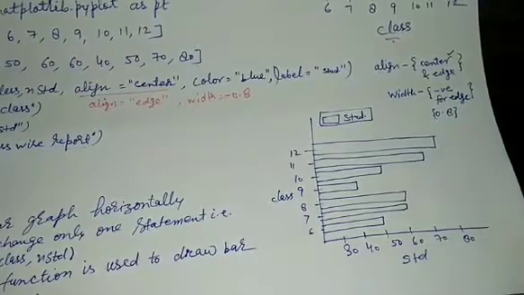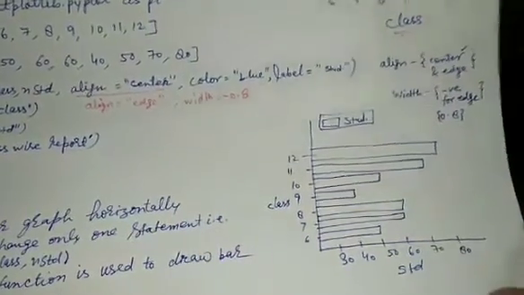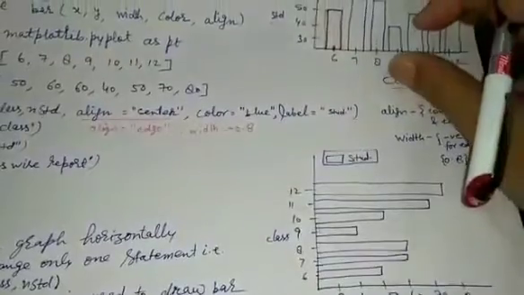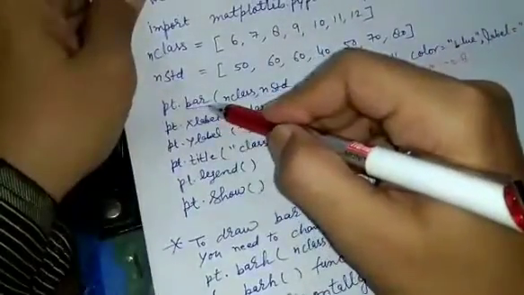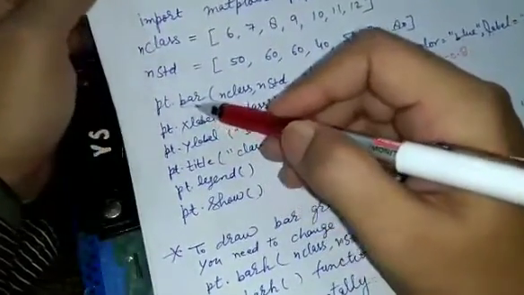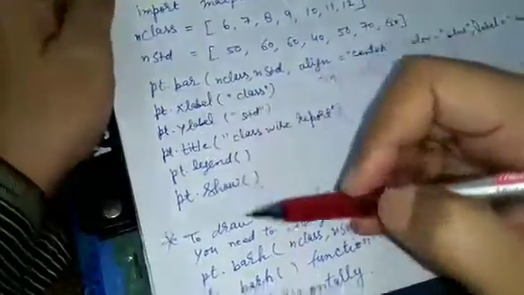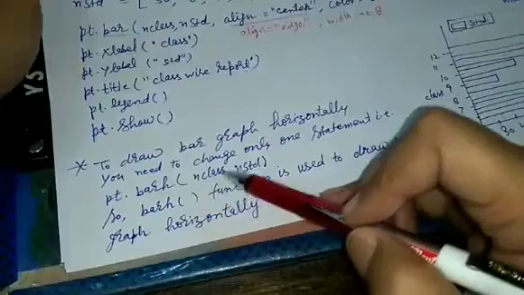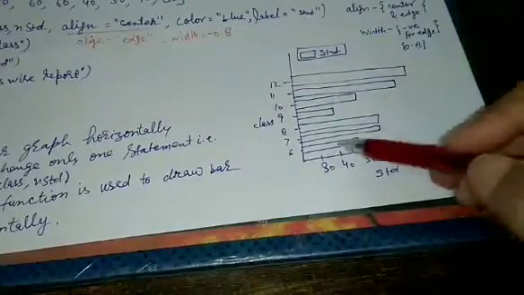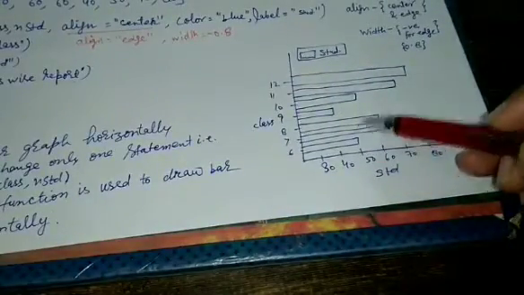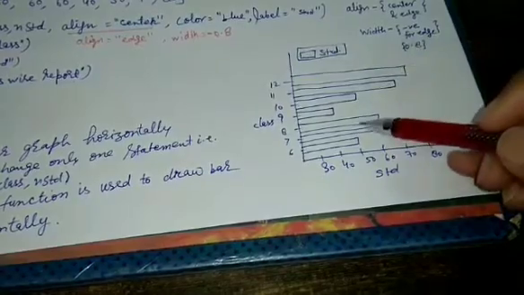Now, moving to the further point: if you want to draw horizontal bars on the bar graph, it is very easy to change this program into this one by just changing the function from bar to barh, and all the arguments will be the same. Then it will draw the bars like that. barh means a horizontal bar graph.